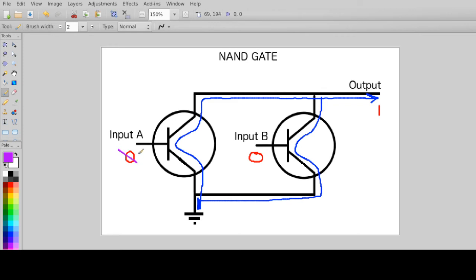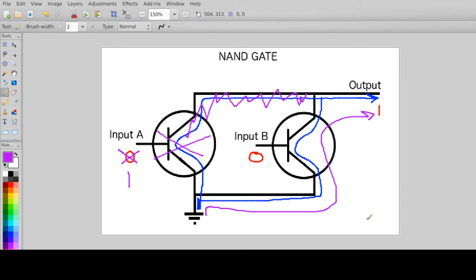Then I would cut off that flow, and this flow would die right in there. But you would still get an output, and the reason is that the water can now just avoid A altogether. It'll just flow through B, and it'll still flow out. So if I cut off A but don't cut off B, I still get flow.